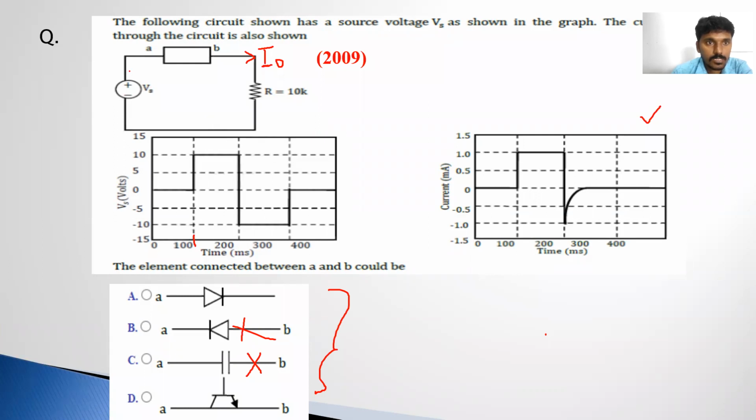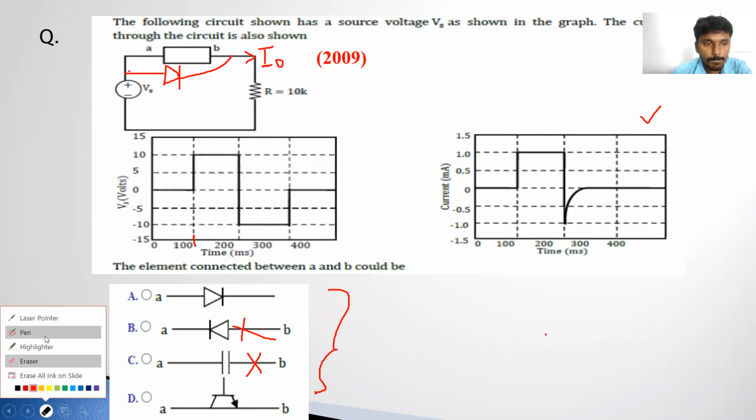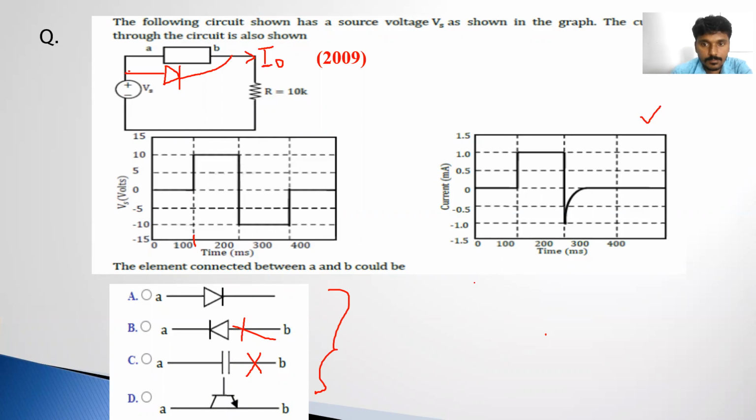For example, if we are connecting the diode here, you can draw the waveform like this. Clear?